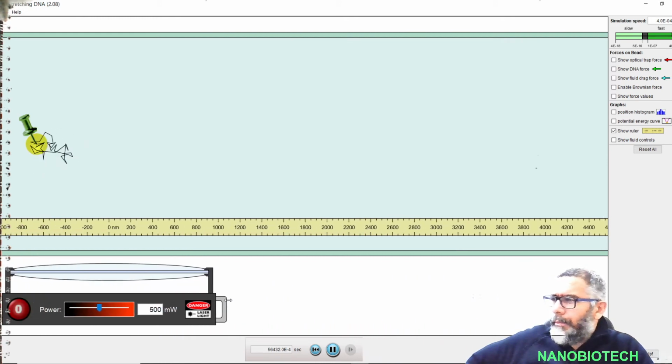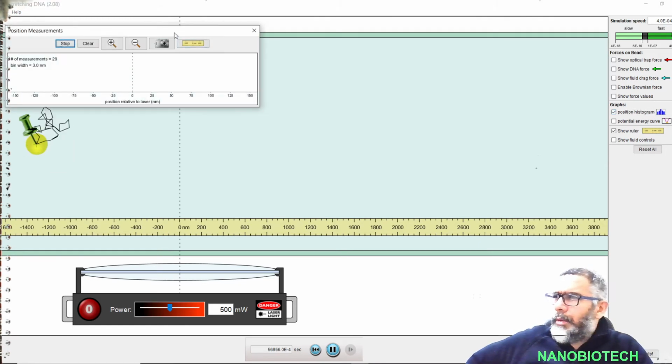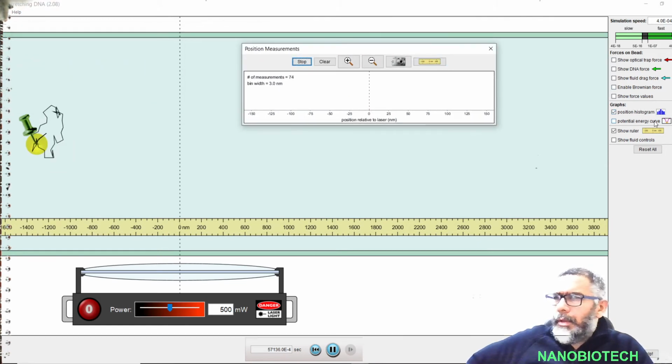The other thing is the position histogram, which you have used in your previous simulation. Whenever you check it, there will be a dashed line crossing through the zero of the ruler, and this shows that the position measurements of the sphere will be done using this origin.